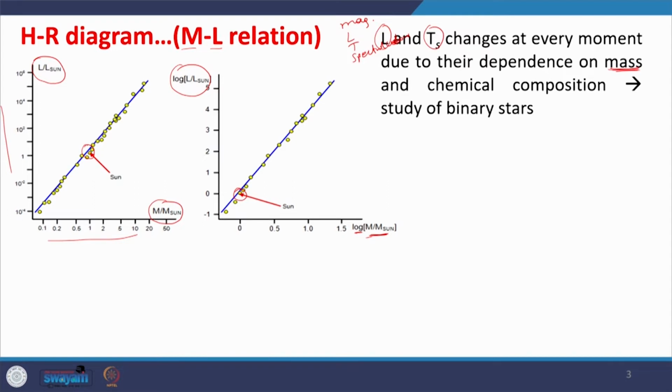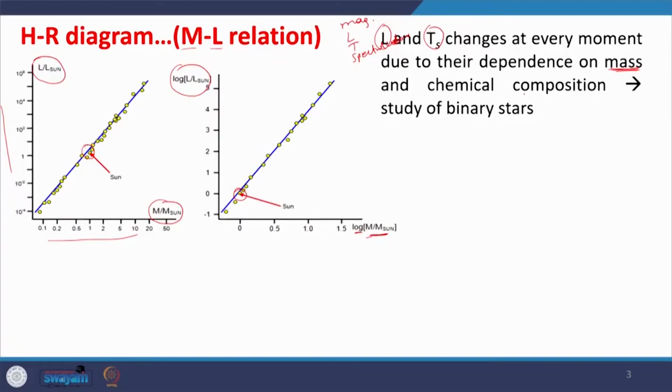So, when you want to find out the change in luminosity and temperature, it is not constant for a star, it is not constant throughout the different timings. It strongly depends on time, right, because the moment energy starts generating from the star, the chemical composition also is undergoing change.